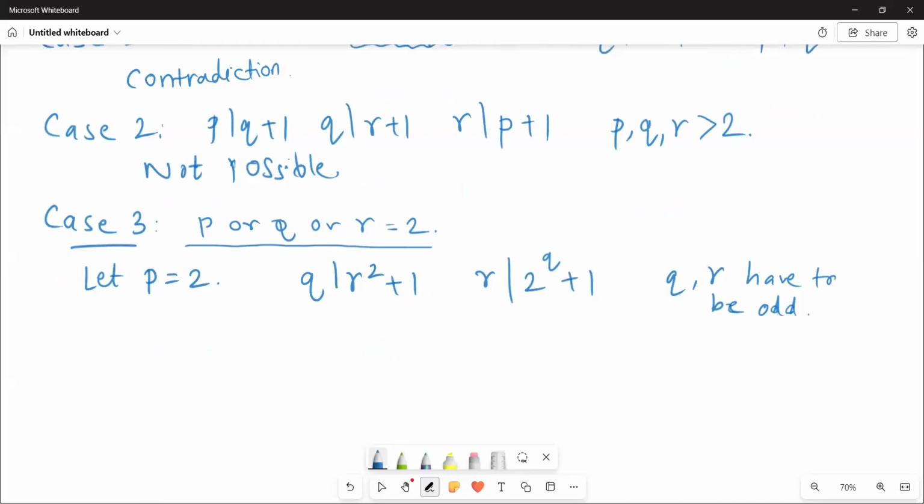Again, r square is congruent to minus 1 mod q. So that means the order of r with respect to q has to be 4, right?